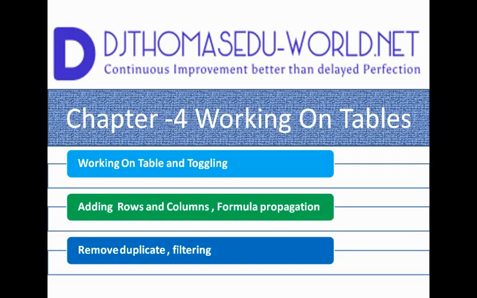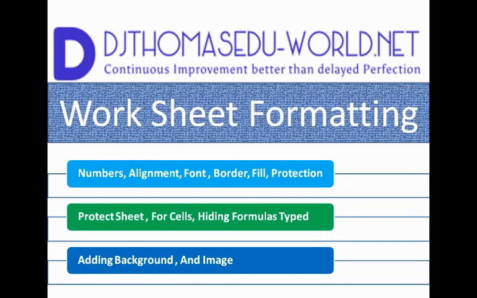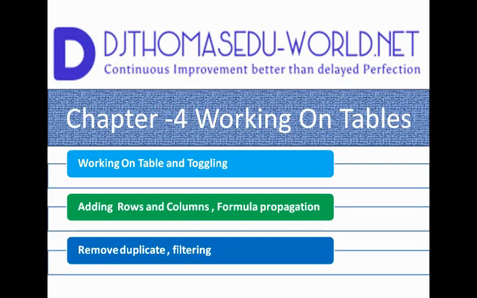Let's move on to chapter 4, working on tables as well as working on sheet formatting. Let's go to working on table. I have categorized into three different categories: working on tables and toggling, adding rows, columns, formulas and propagation, removing duplicate and filter.